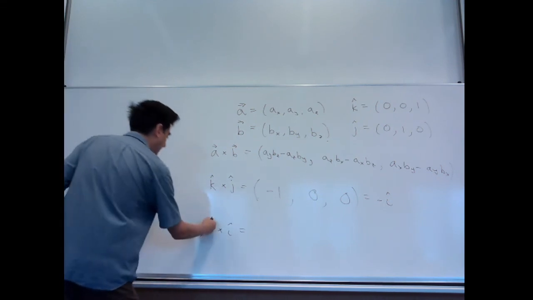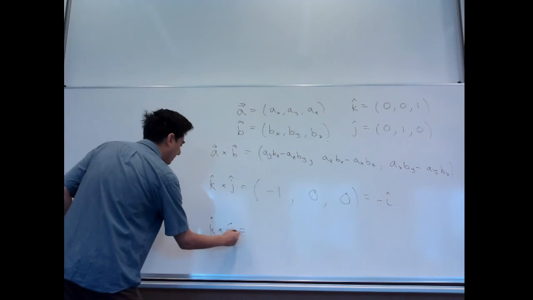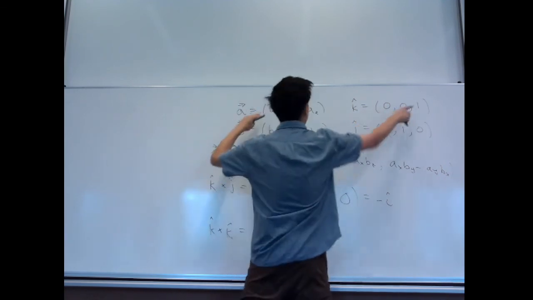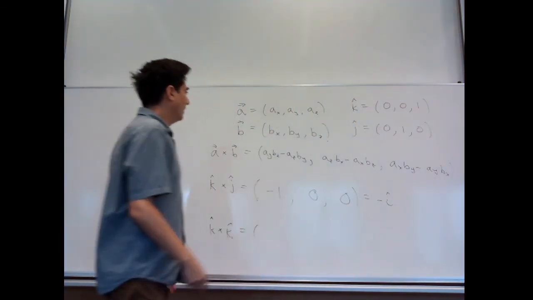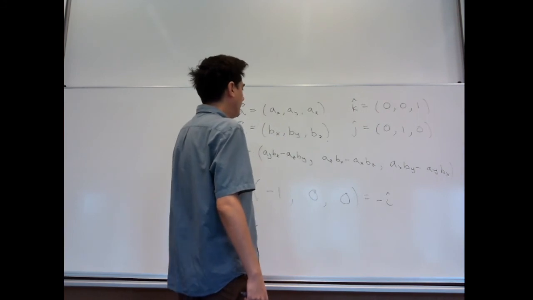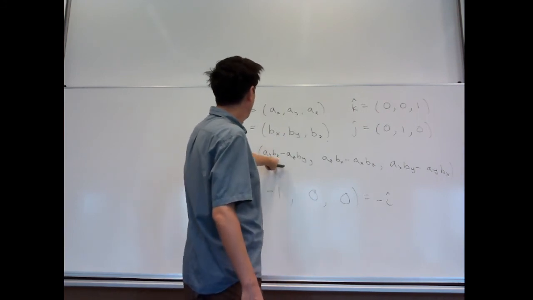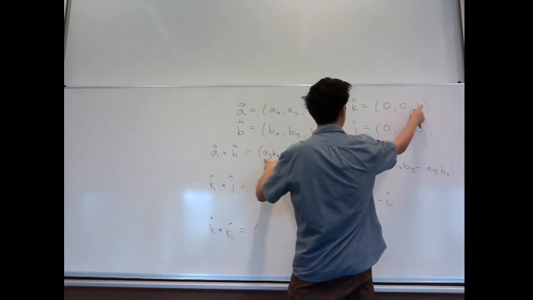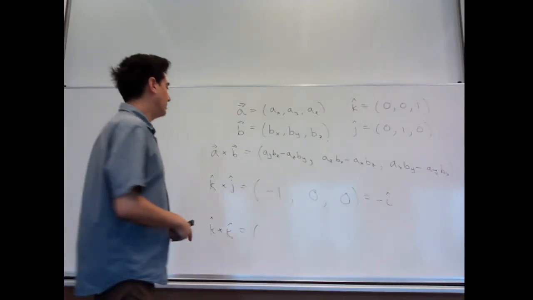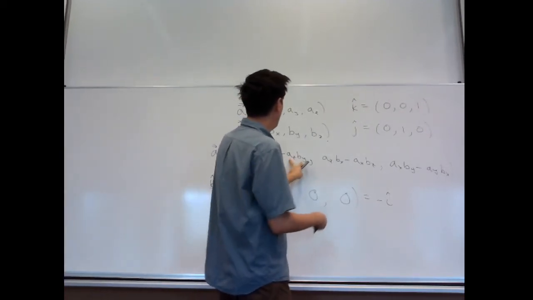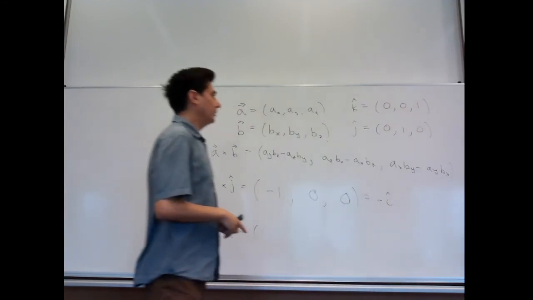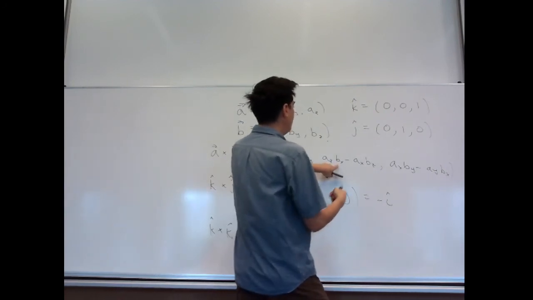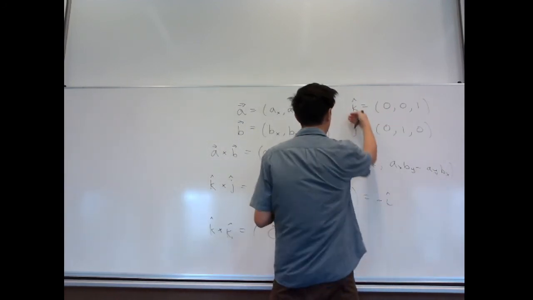So, maybe let's do k times k. So in this case, both of these are 0, 0, 1, right? So AYBZ, in other words, it'll be this 0 times the z component, which is 0, and AZBY will be the same, also 0, so that's 0.